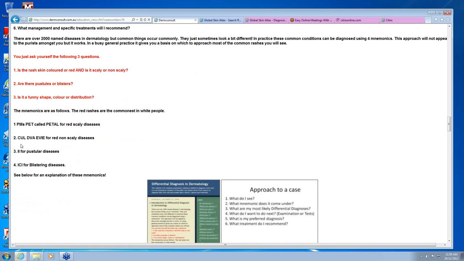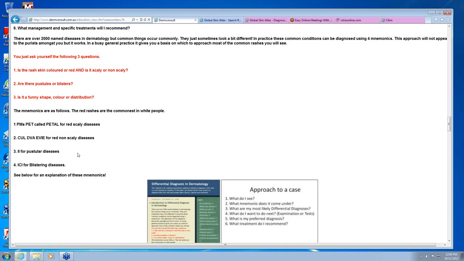What about the red non-scaly ones? See you later at the Department of Veterans Affairs, Evie. Evie's your girlfriend. So see you later at the Department of Veterans Affairs, Evie. The C was for cellulitis, the U for urticaria, the L, again, for lichen planus, for lupus erythematosus, particularly subacute and systemic lupus, because it's red and non-scaly.